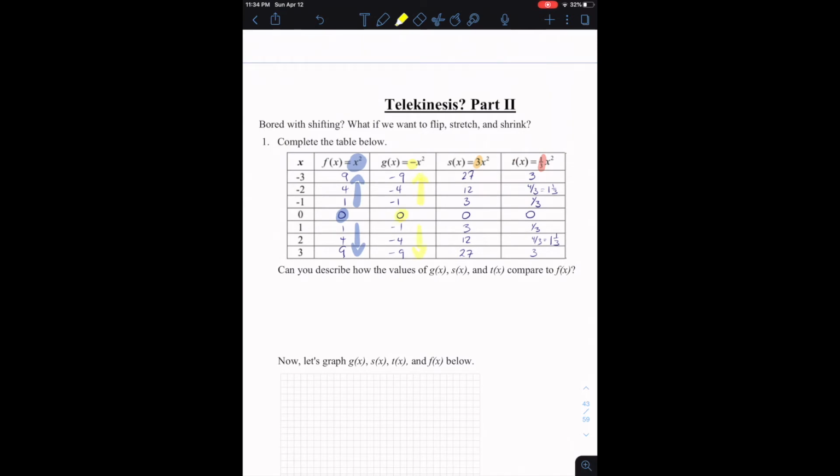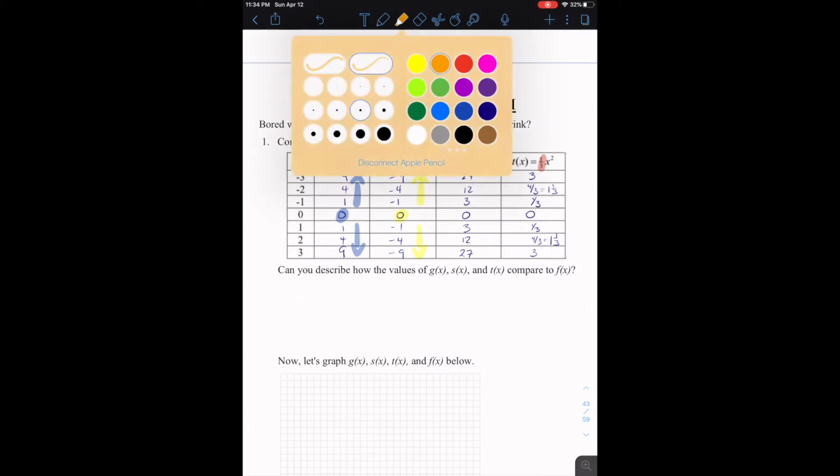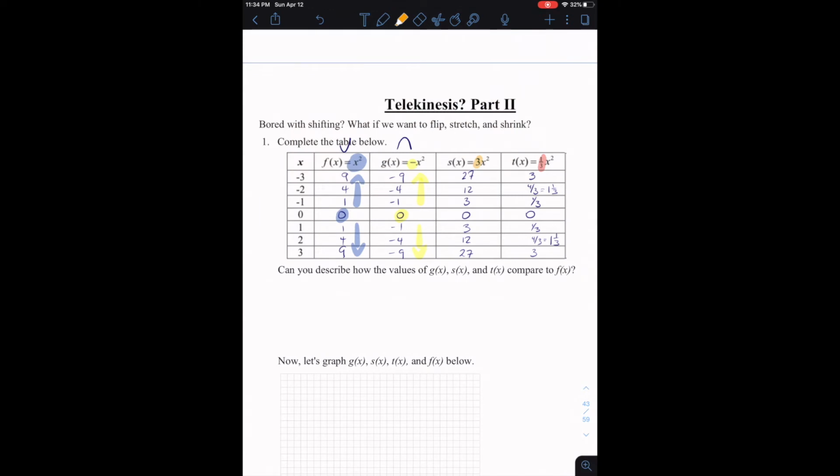But instead of going 1, 4, 9, it goes minus 1, minus 4, minus 9. So it actually seems to be going down instead of up. It seems to be looking like this instead of like this. That's very interesting, and we'll confirm that on the graphs.